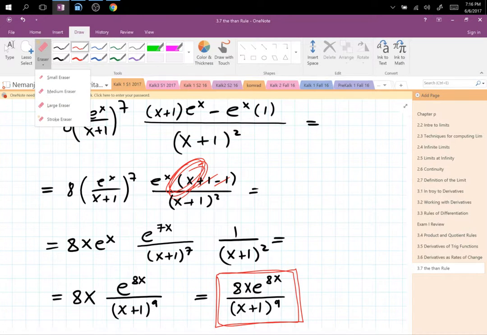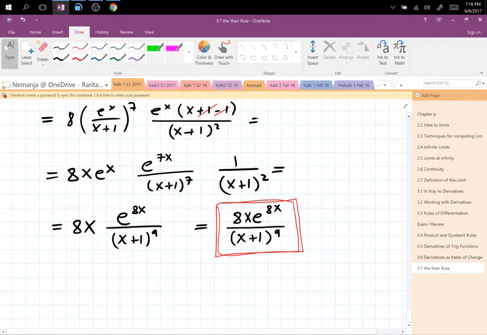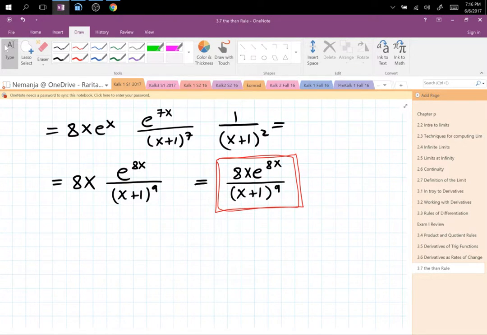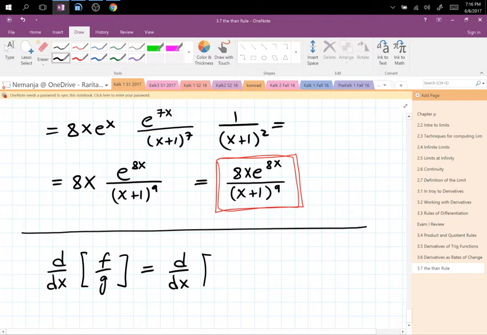You're welcome. One more quick note, and that is that every quotient rule is actually a combination of the product rule and chain rule. So if you are a master of product rule and chain rule, you can actually forget the quotient rule. The note here is that you are taking the derivative of f divided by g, but you can rewrite that as the derivative of f times g to the minus 1.